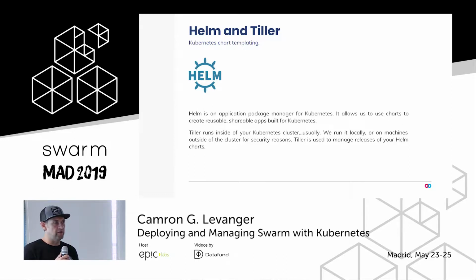I don't recommend actually running Tiller inside your Kubernetes cluster for security and role-based access control reasons. What I would suggest is whatever machine you're using to run your Kubernetes commands, run Tiller there locally in its own namespace, and that'll allow you to give different access to different secrets, and it also secures that Tiller server.